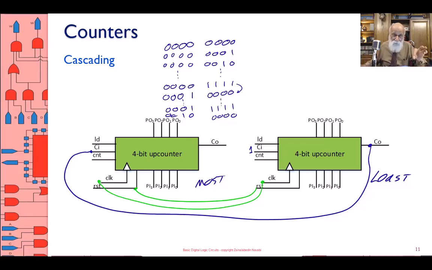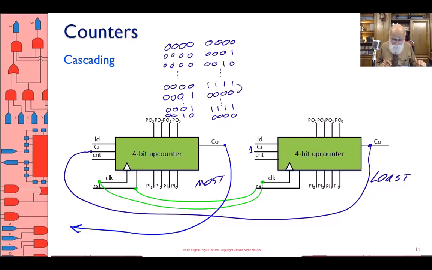The final carry, if you decide that you want another counter to the left-hand side, now comes from this. I make it a slightly different color. If you want to use it for final carry or for next cascading, it's up to you. Okay?